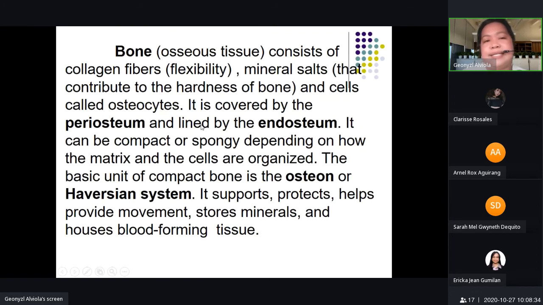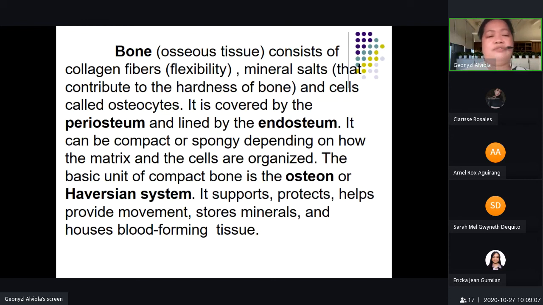Now, next type of special connective tissue, you have the bone. One of the hardest connective tissues. The osseous tissue consists of collagen fibers, flexibility, and mineral salts deposited in the matrix that makes the bone hard, and the cells are called osteocytes. It is also covered with periosteum and lined with endosteum.